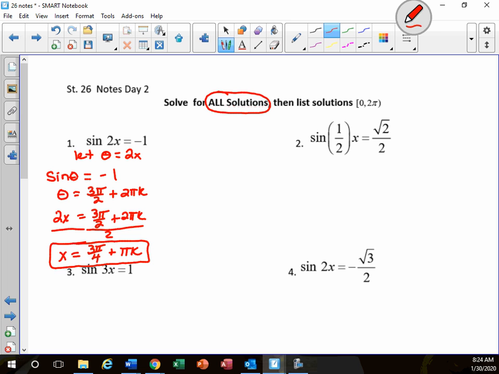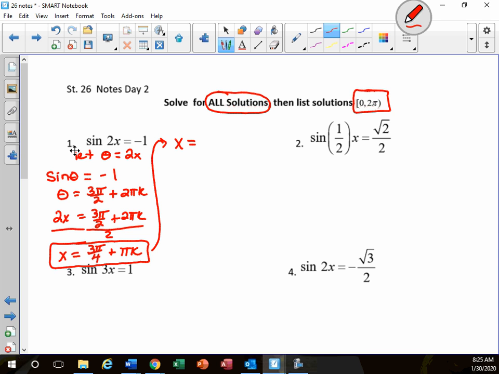But then I also am asking you to list the solutions from 0 to 2 pi. So we're going to go up here. All right. Do you guys remember when you graphed and you had a b value and that changed the period of the graph? Like it happened more quickly or it happened slower, that sort of thing?